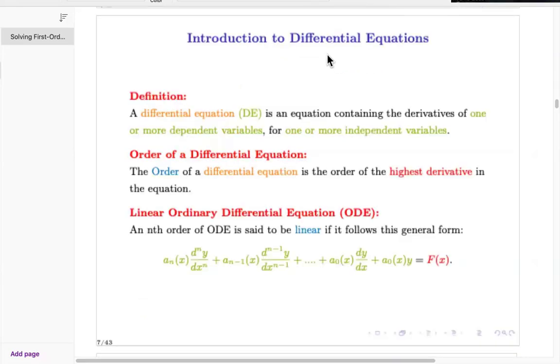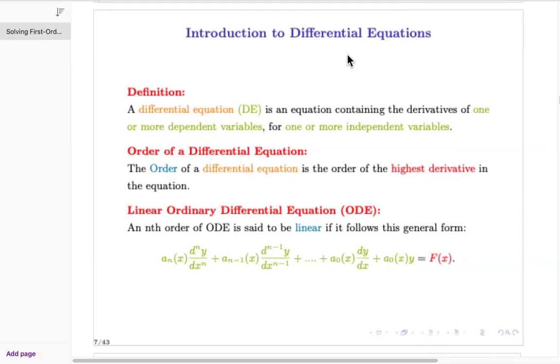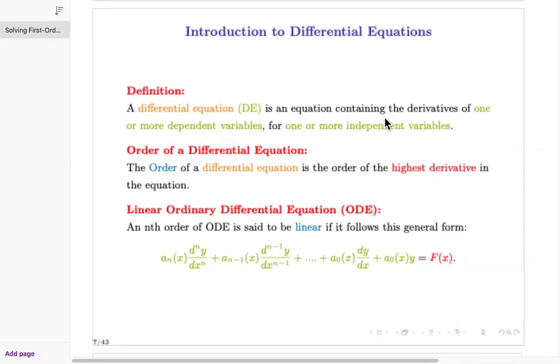Now let's begin with the introduction to differential equations. A differential equation is an equation containing the derivative of one or more dependent variables with respect to one or more independent variables. This one presents the general form of differential equations. Here y is the dependent variable and x is the independent variable.